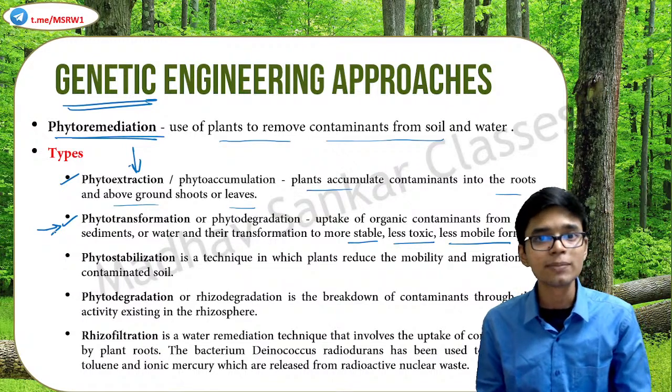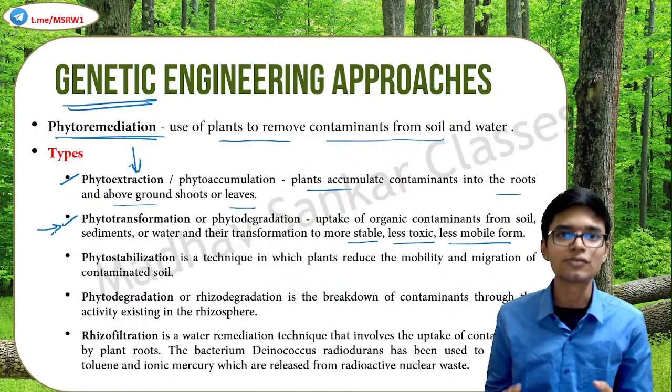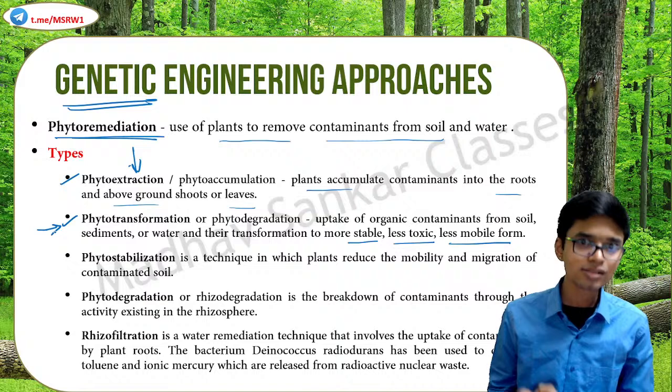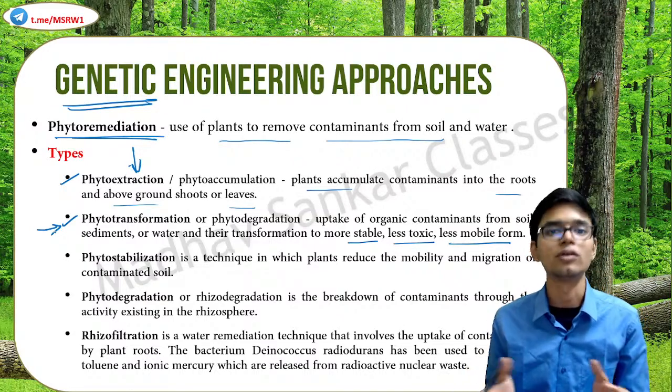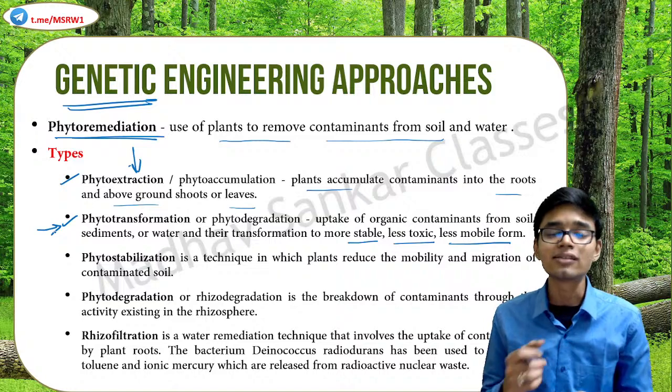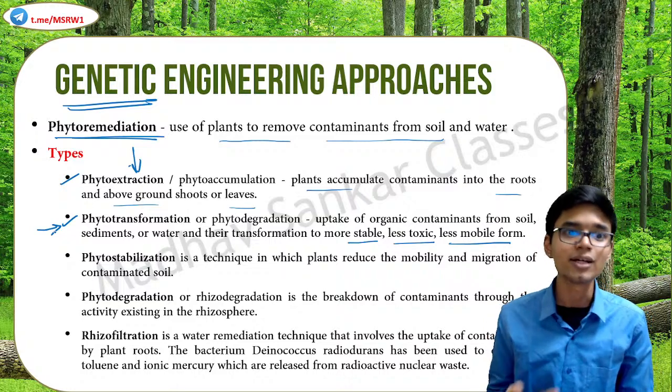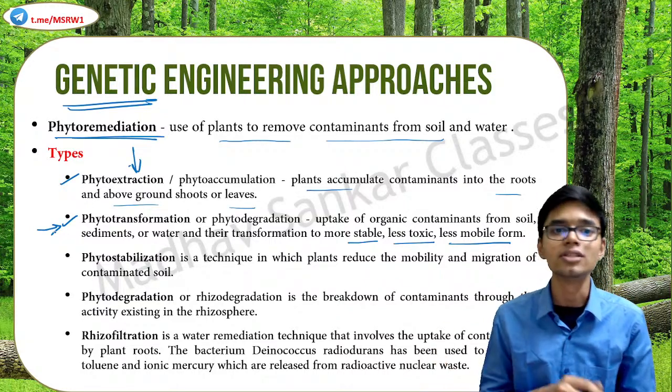If it is more stable, then it won't react that fast, correct? If it is less toxic, then it is less dangerous. If it is less mobile, then it does not spread too fast. So that is phytotransformation, another brilliant method, a result of genetic engineering.